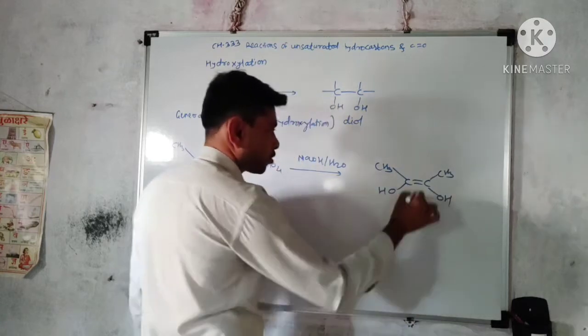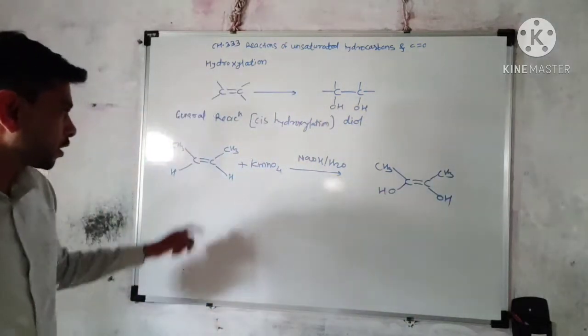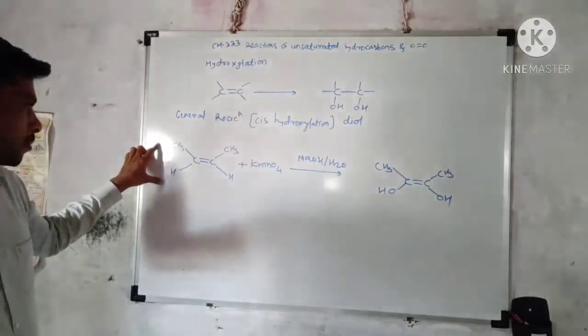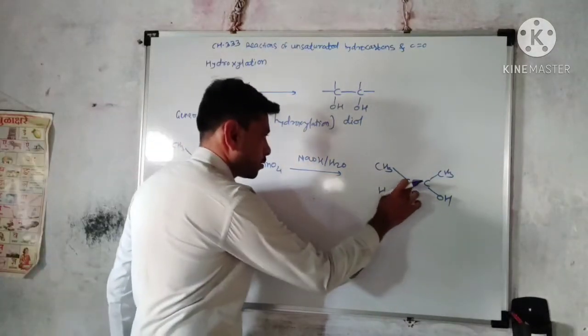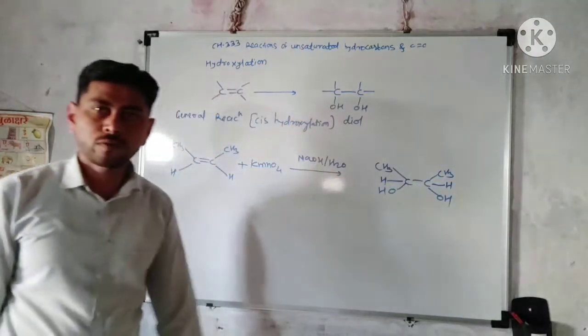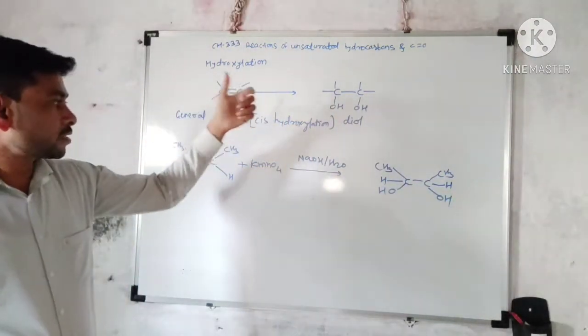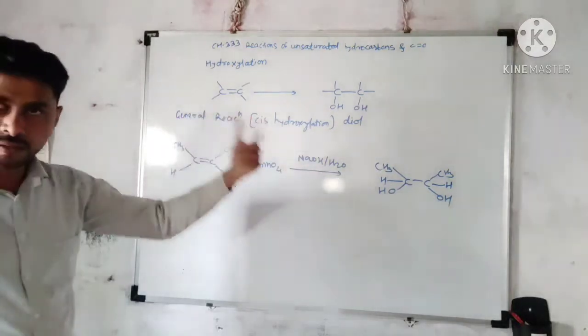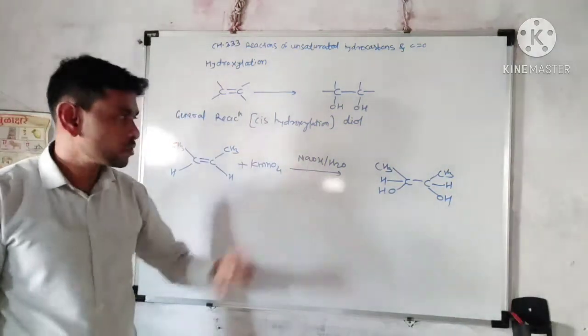So cis diol formation takes place here. The same reaction with osmium tetroxide also gives cis diol.